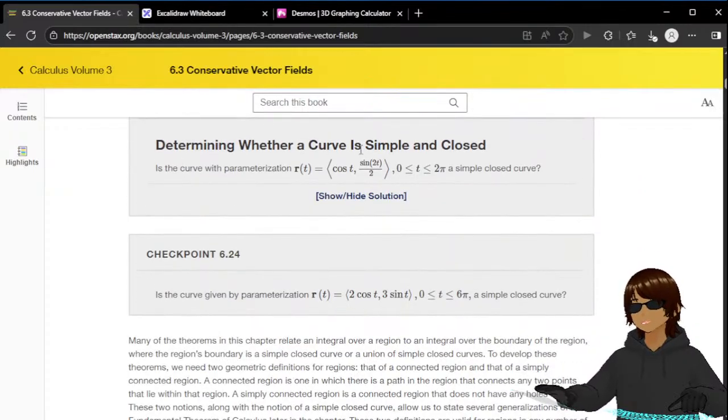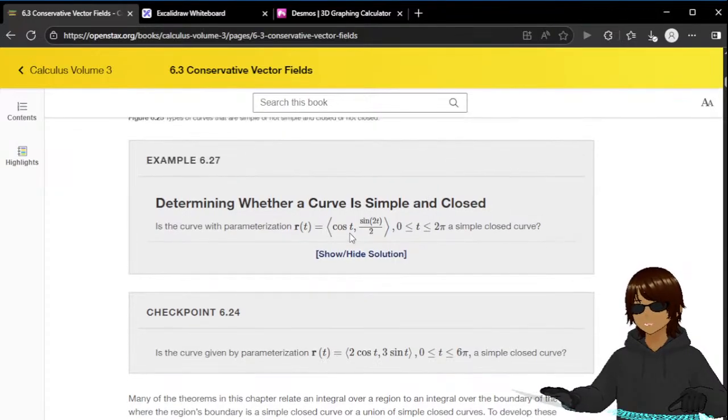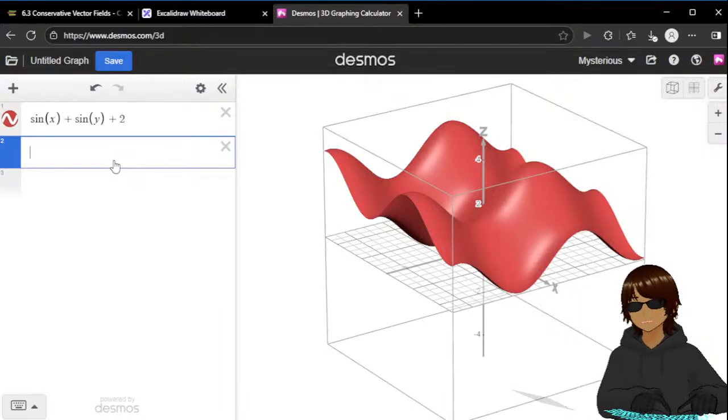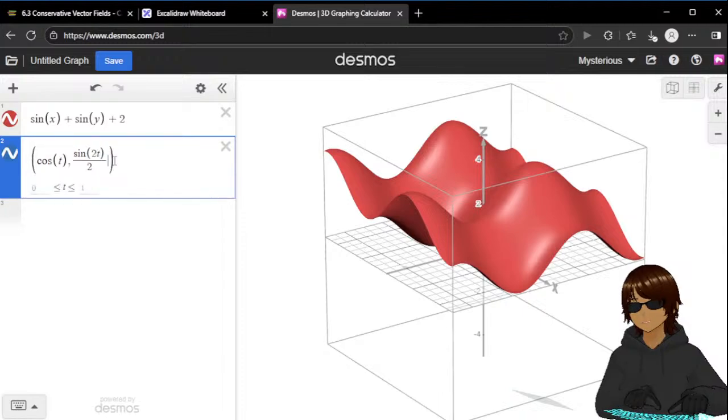Determine whether a curve is simple and closed. So we have this function over here, r(t) is cos t, sin 2t over 2, from 0 to 2 pi.